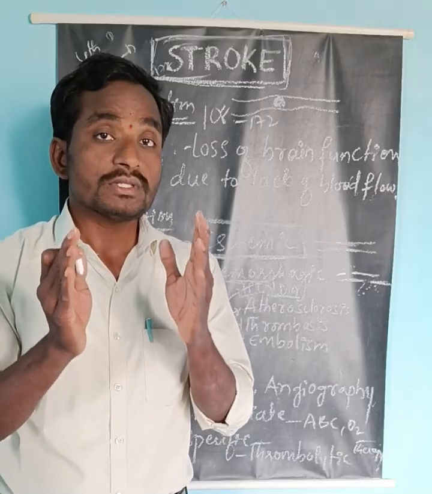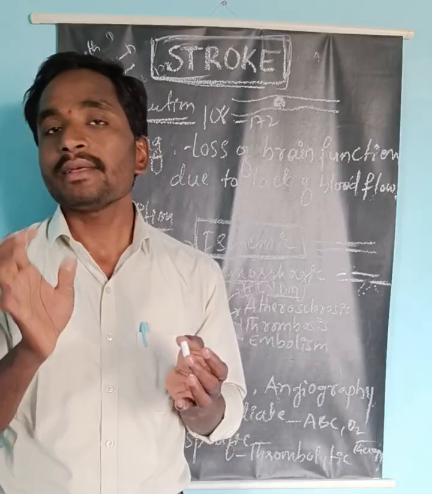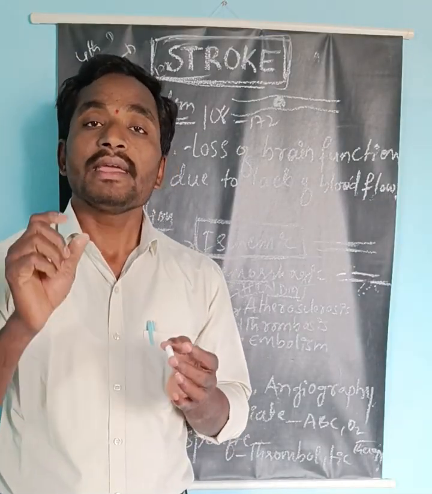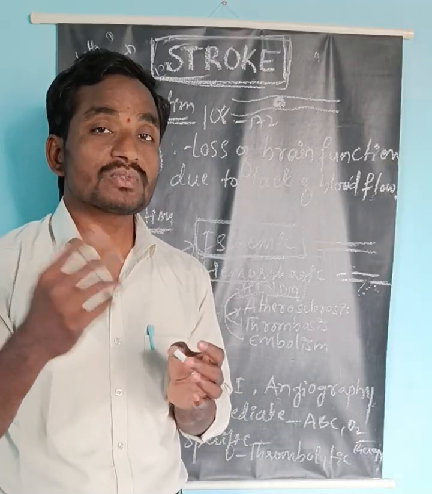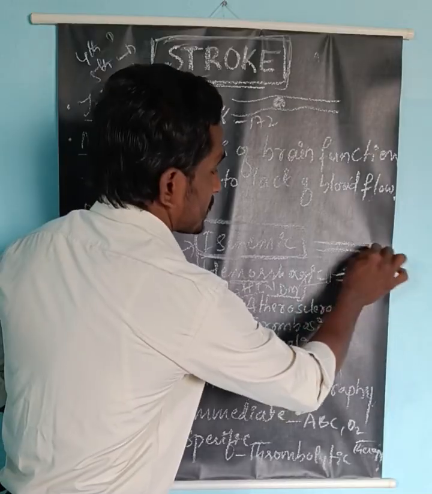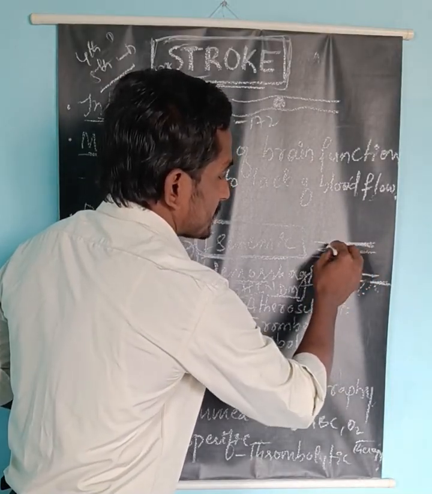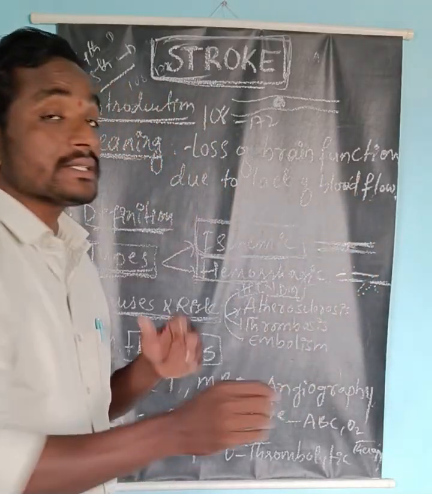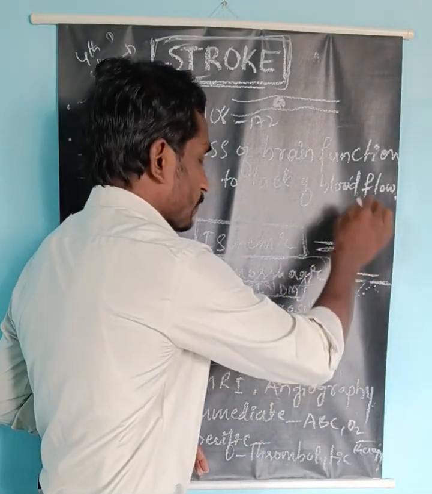Stroke is one of the most common complications of diabetes mellitus. In diabetes mellitus, what happens is that hyperglycemia, or increased blood glucose level, damages the blood vessels. It causes plaque formation and atheroma formation, which disturbs circulation to the brain, so it may cause a stroke.